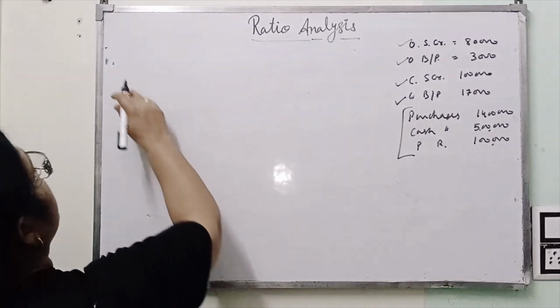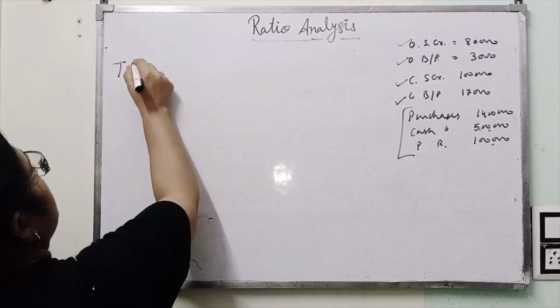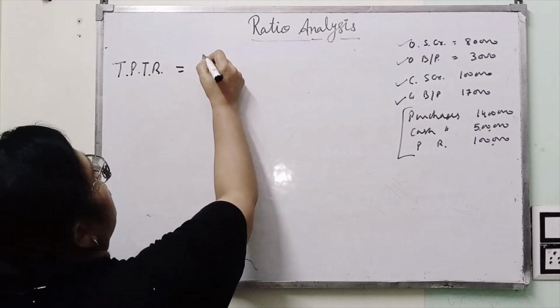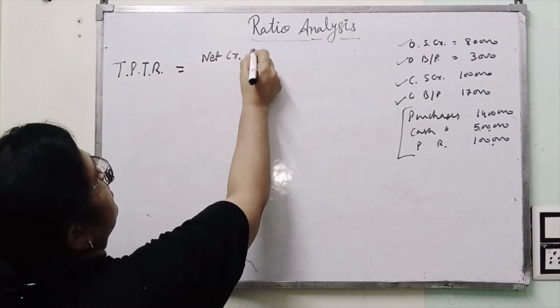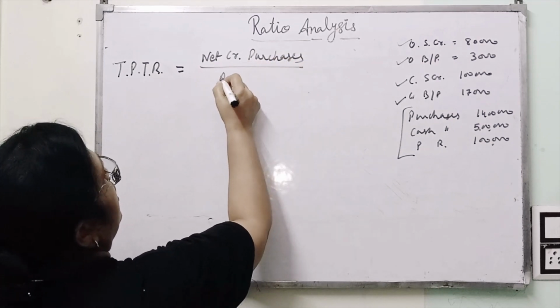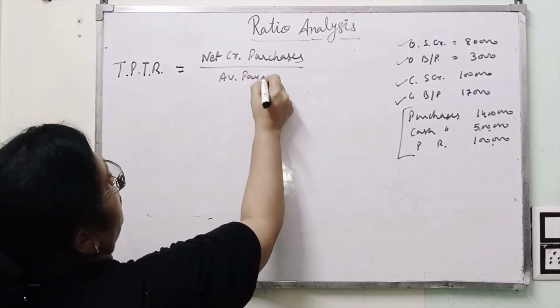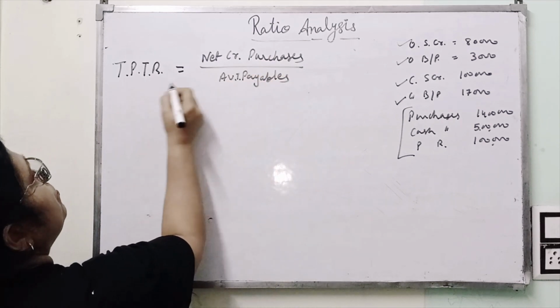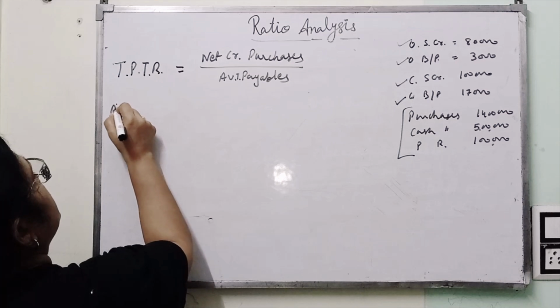First of all, we have to write the formula. Trade payable turnover ratio, TPTR, is equal to net credit purchases upon average trade payables. Clear?